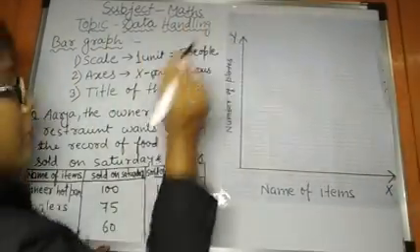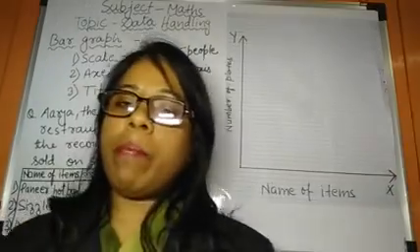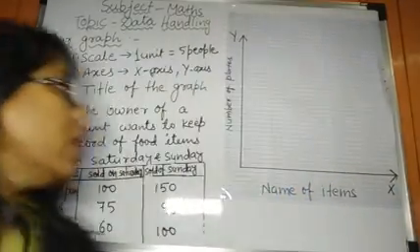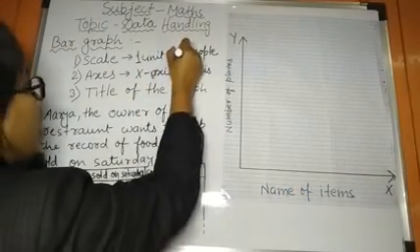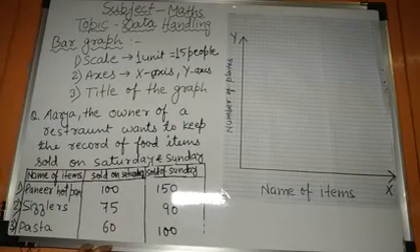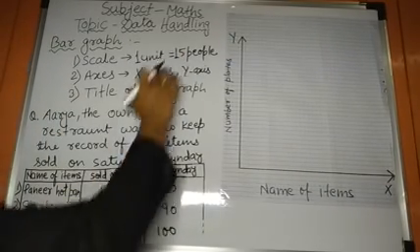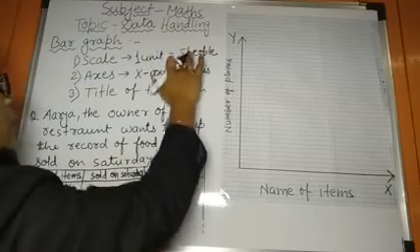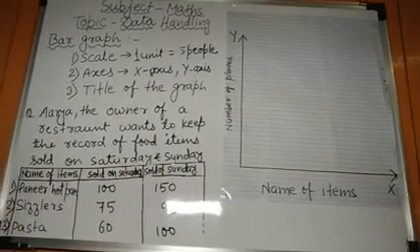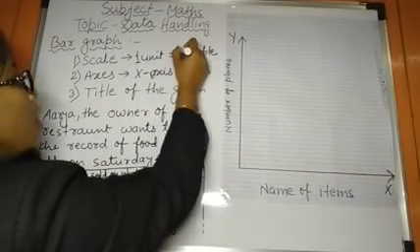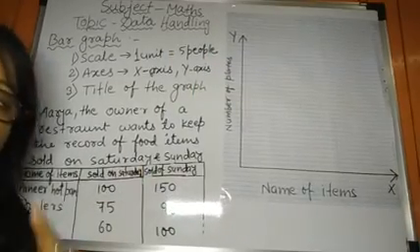If we have a small graph paper, then our unit should be big. So here we will use 1 unit equal to 15 people. No, we cannot use 1 unit equal to 15 people because 100 cannot be divided by 15. So here you have to use only 1 unit equal to 5 people.